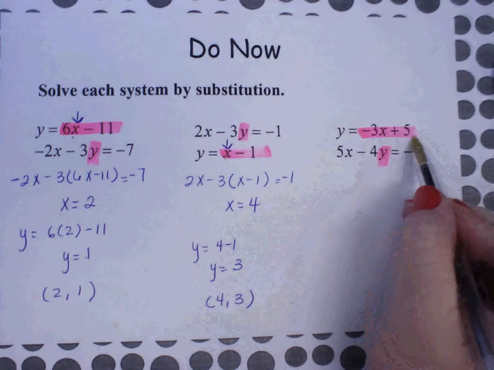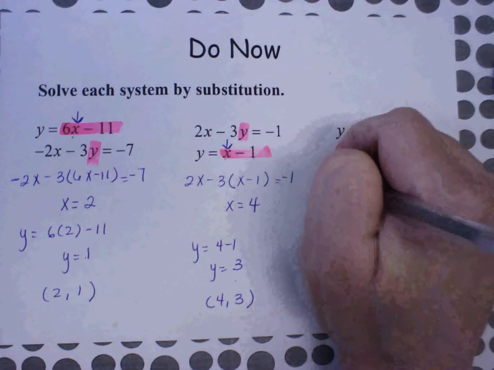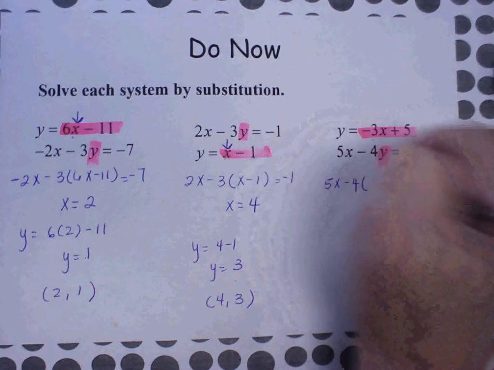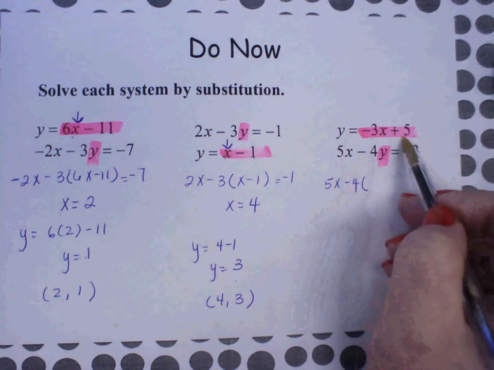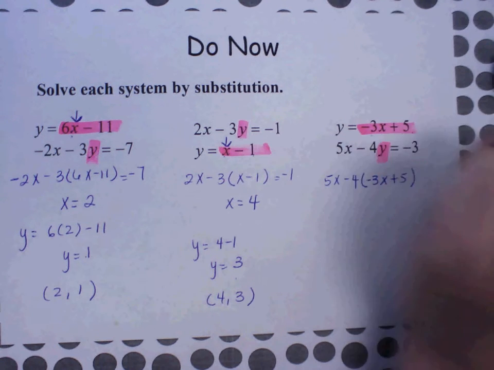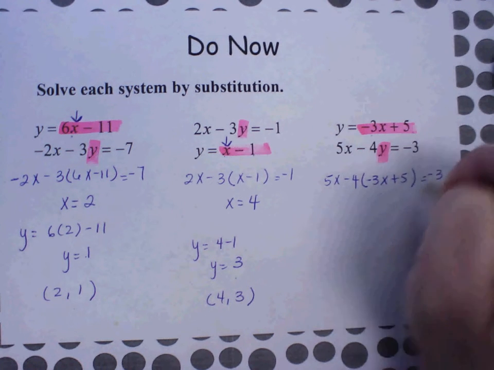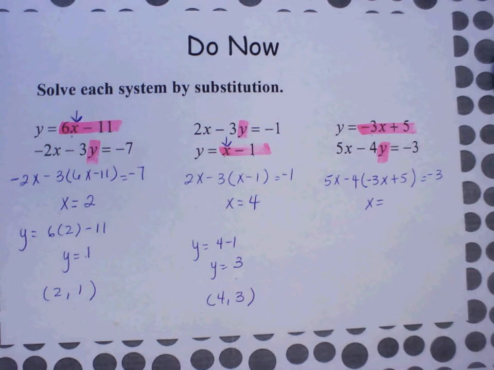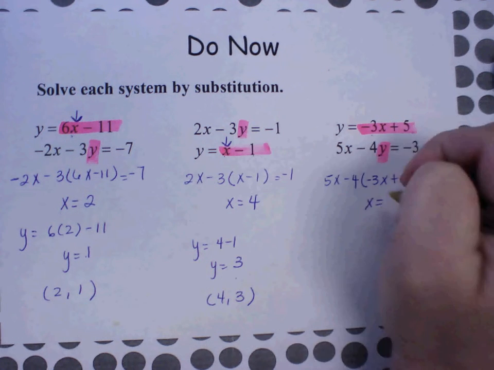All right, so substitute that there. So this is 5x minus 4, open parentheses, and substitute what y is equal to, which is negative 3x plus 5, and that equals negative 3. Equation solver takes over. And x equals 1.